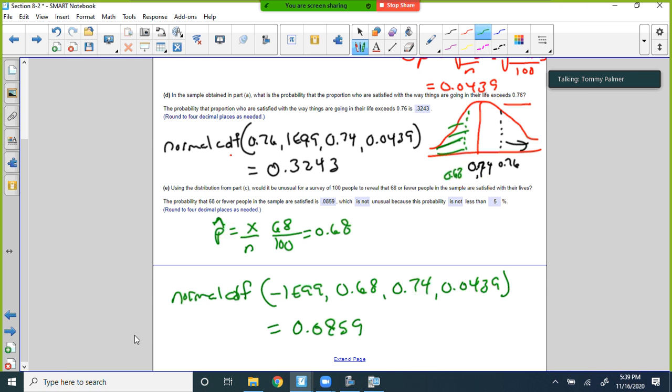Starting to make a little bit more sense? Do you see how this problem was set up? They went over some theory. Then they gave you a mean of P hat, right? Which was a percentage, a proportion, right? A proportion is a decimal percent. Then we had to work it out, right?